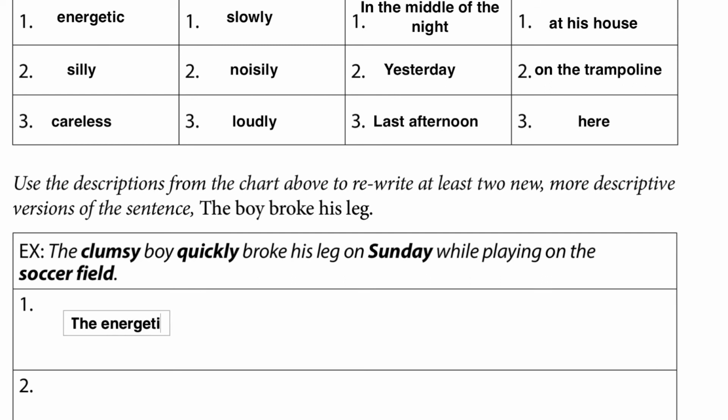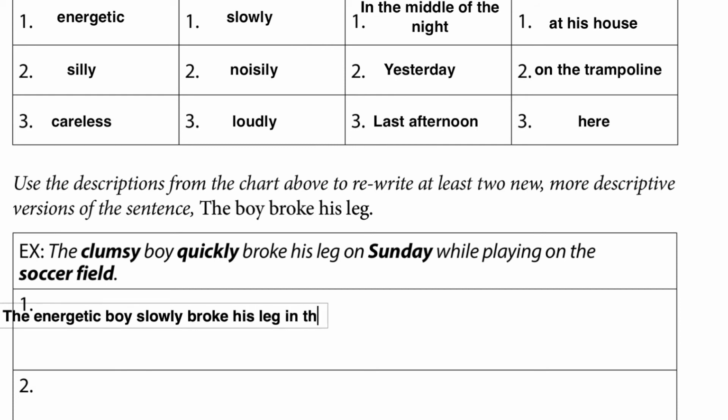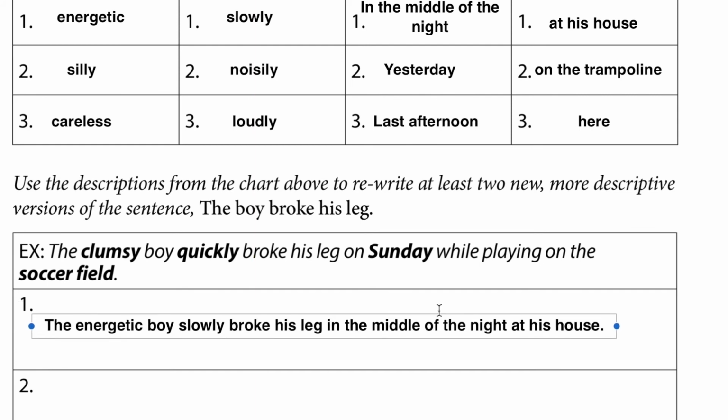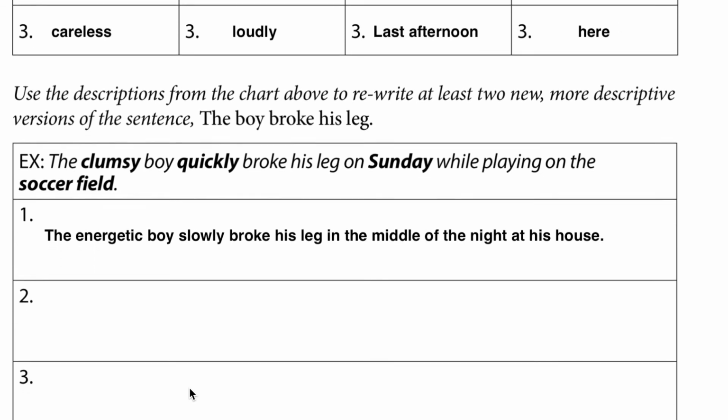The energetic boy slowly broke his leg in the middle of the night at his house. Now I realize now that slowly sort of sounds weird in that sentence, but don't worry about it. It's grammatically correct.